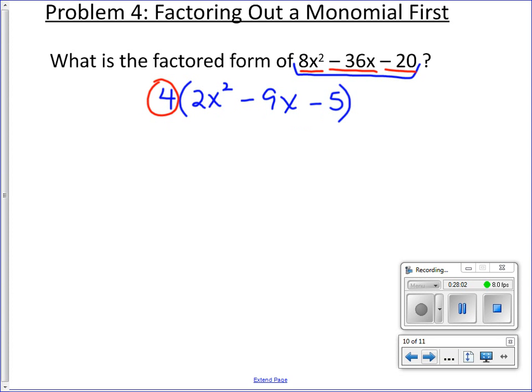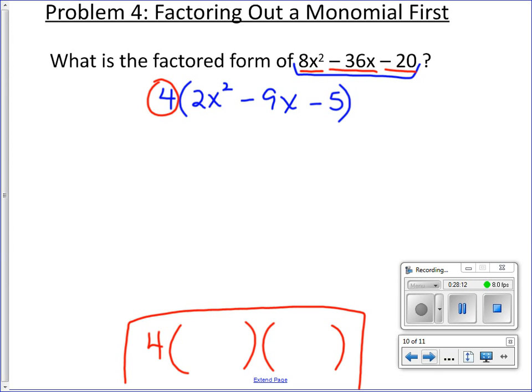So I'm going to write this 4 down here. And I'm going to go ahead and put in my parentheses, and this will be where I'll put my answer. In fact, we'll just box it in right now. There's our answer. Okay, so I'm left with factoring the polynomial 2x squared minus 9x minus 5.